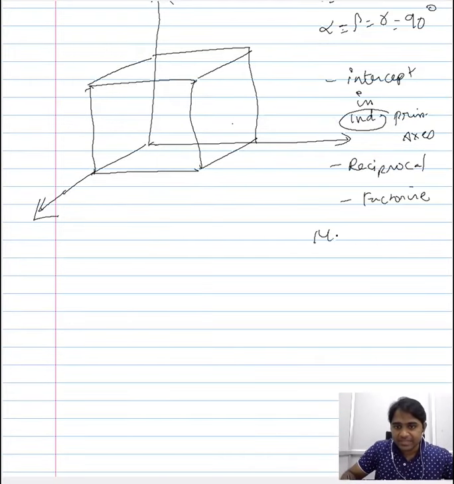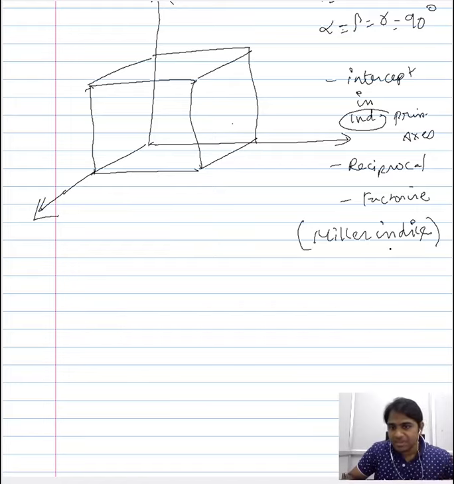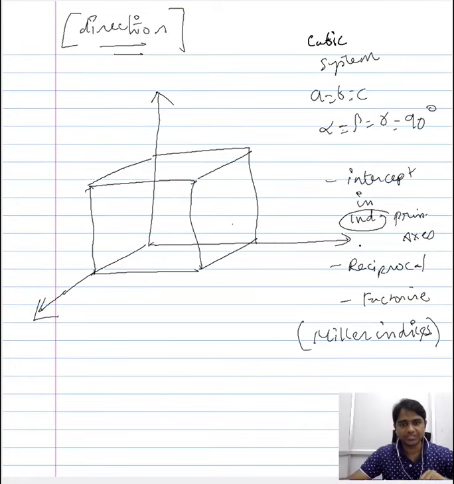These Miller indices are enclosed by curved brackets, and when you see three numbers enclosed by a curved bracket, then you would know that that particular set of numbers represents a plane within the unit cell.